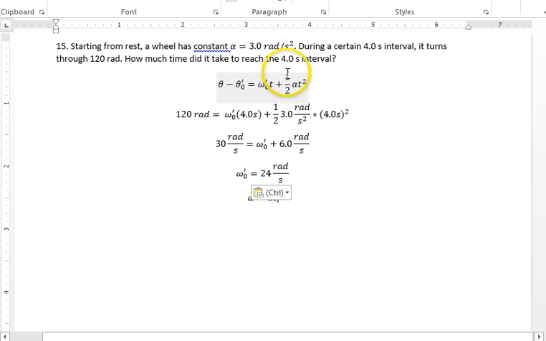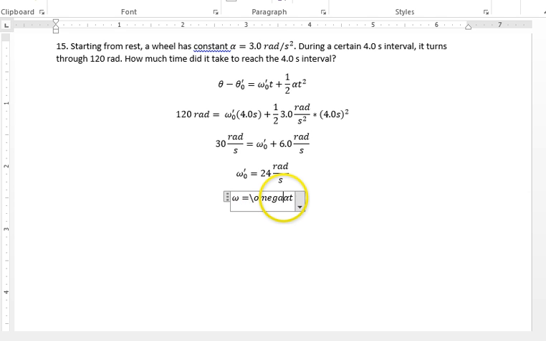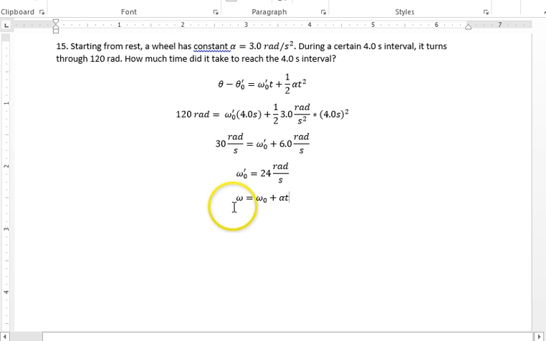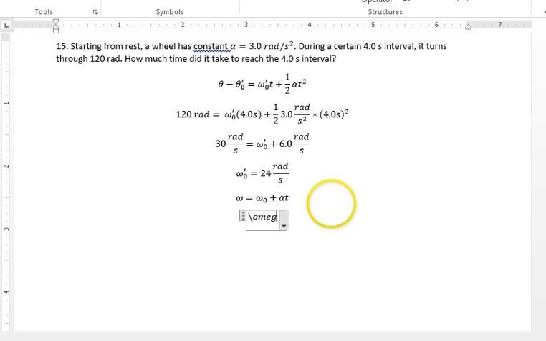Now I can put in omega naught plus alpha t, which is the equation we're accustomed to. Now we're back at the beginning of the problem, and omega naught is 0. And so we're looking for the point at which omega equals alpha t.